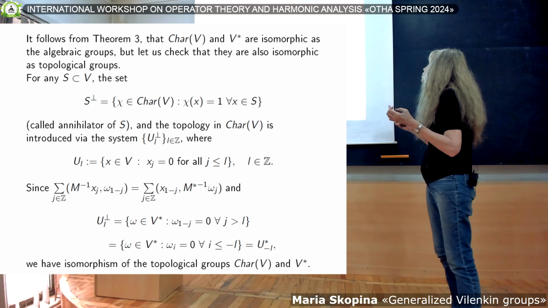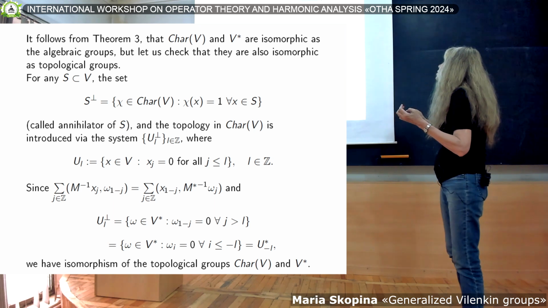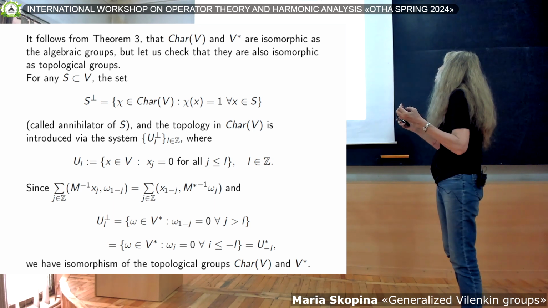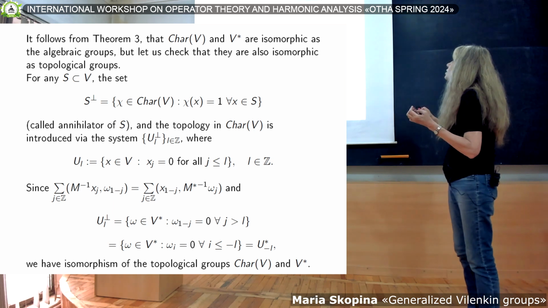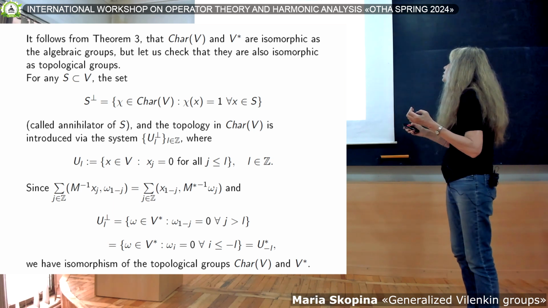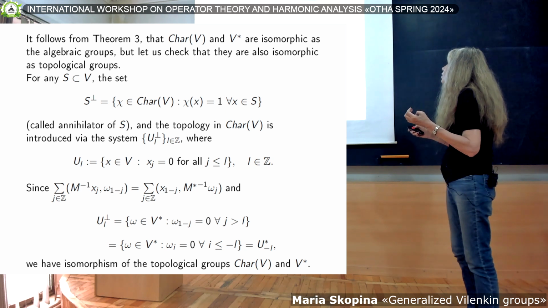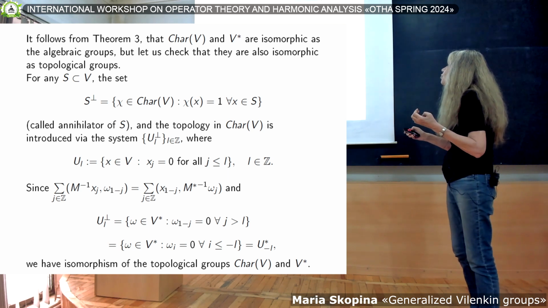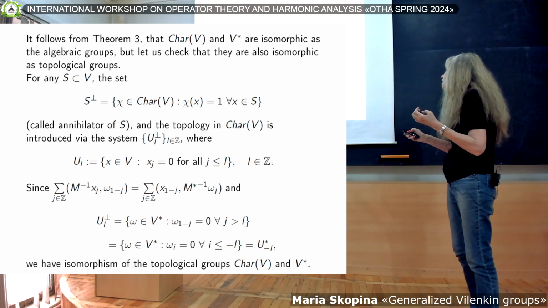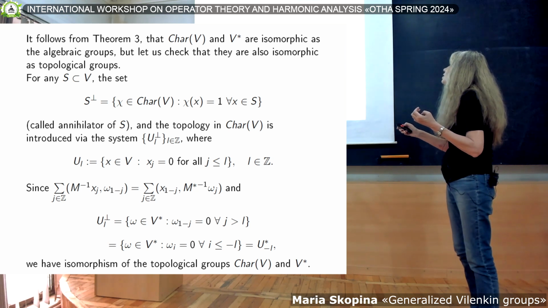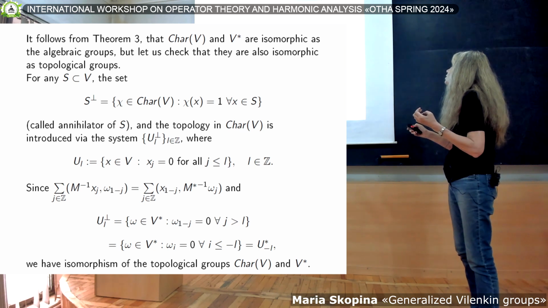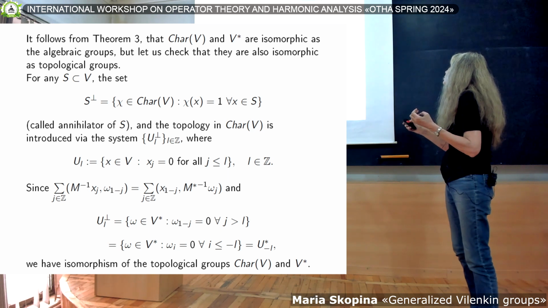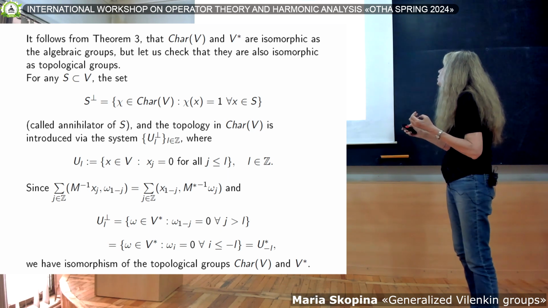Let us show that these groups, V star and the group of characters of V, are also isomorphic as topological groups. What is the topology in the group of characters? For this, we need the definition of annihilators of S. S is a subset of V, and the annihilator is the set of characters for which we have this equality.